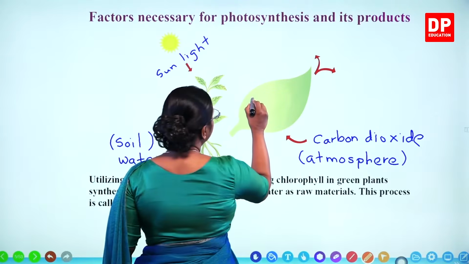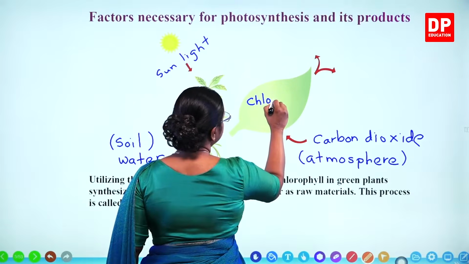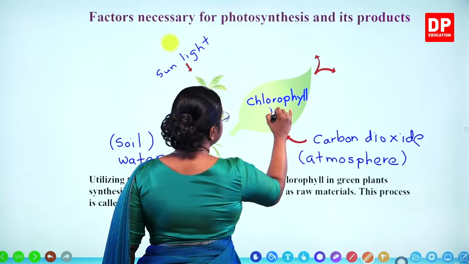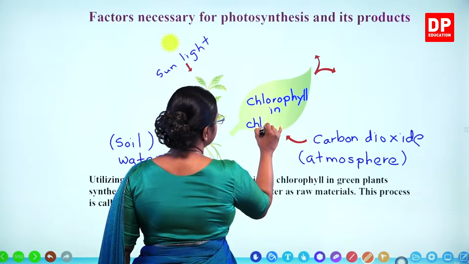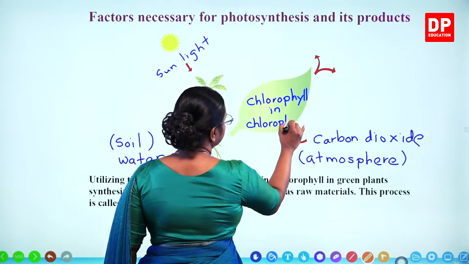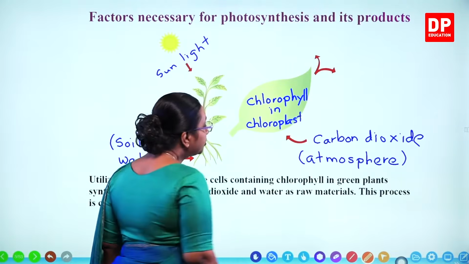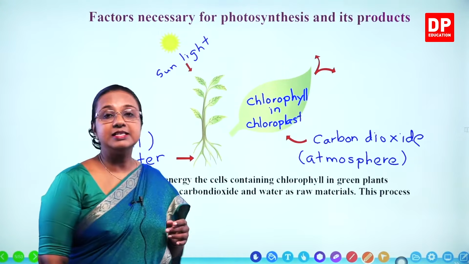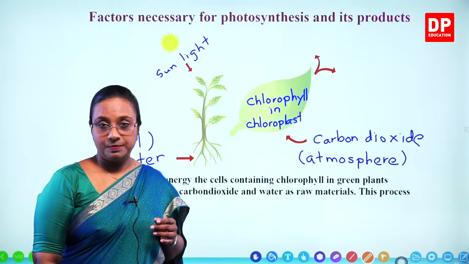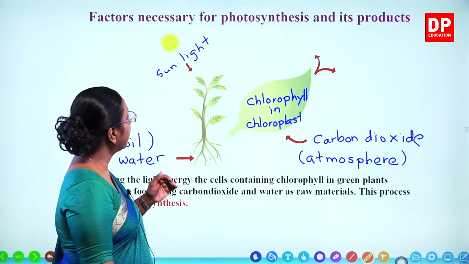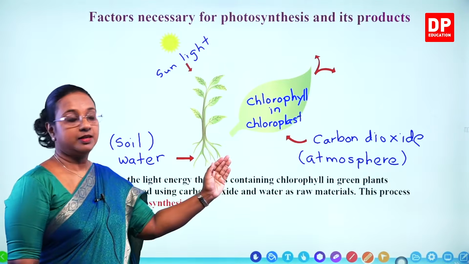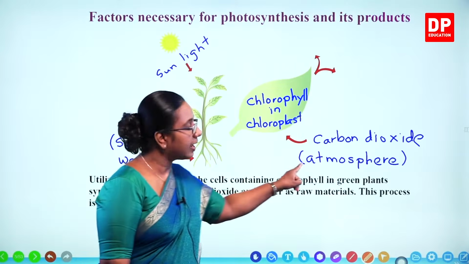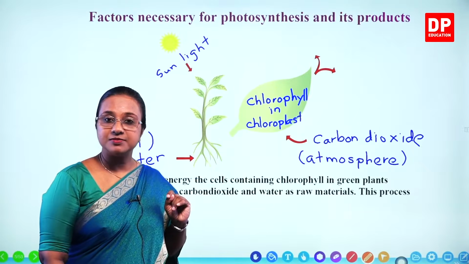So here, chlorophyll is a colored pigment present in chloroplast. And this photosynthesis process takes place in this chloroplast. So there are 4 factors. As you can see, sunlight, water from the soil, carbon dioxide from the atmosphere.